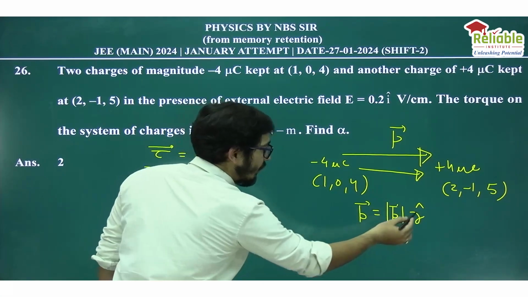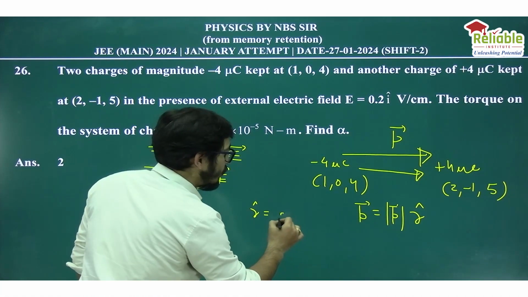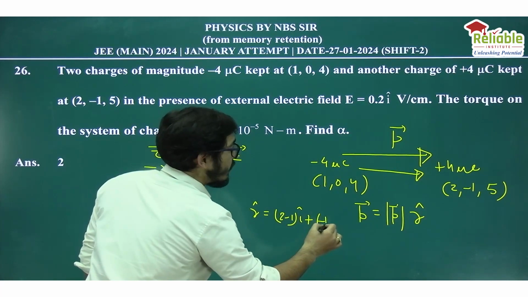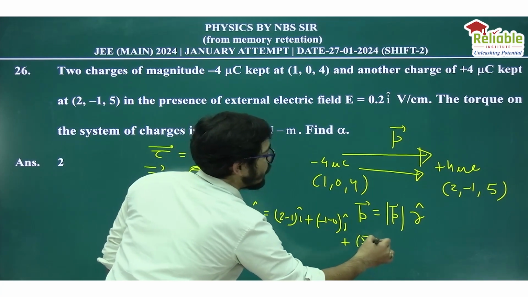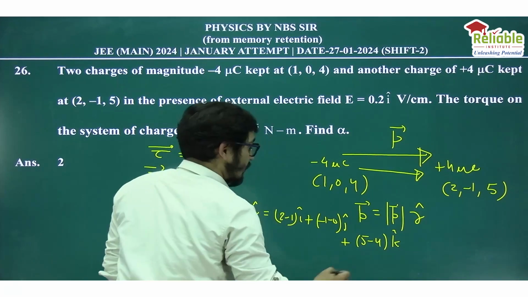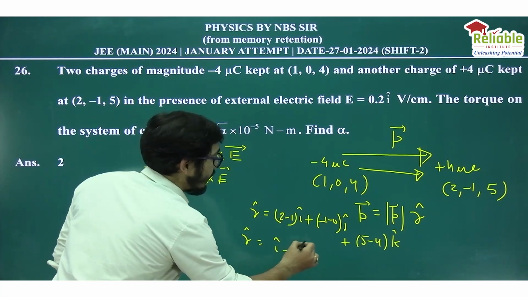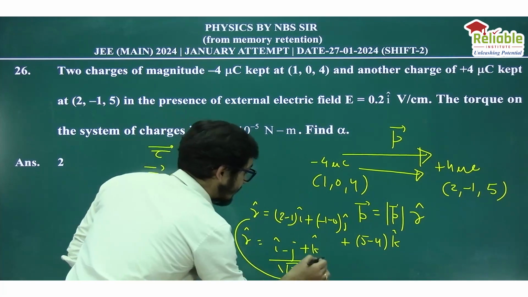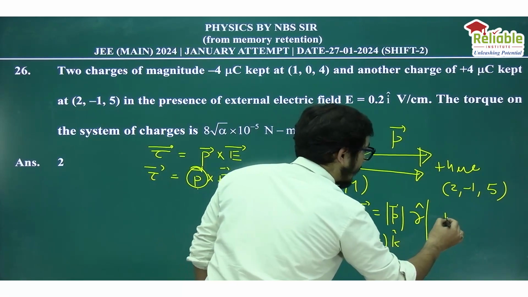So let me get the value of our unit vector. This is (2 minus 1) i cap plus (minus 1 minus 0) j cap plus (5 minus 4) k cap. So this turns out to be i cap minus j cap plus k cap, divided by the modulus root 3. So this is your unit vector. And what is going to be the magnitude of dipole moment, guys?